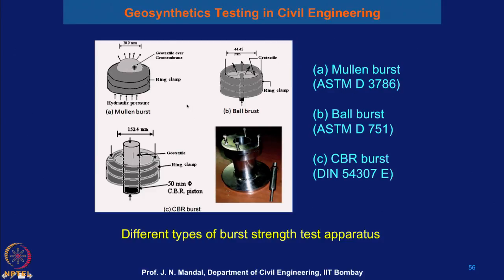This is the Mullen burst strength as per ASTM D 3786, that is this one, the Mullen burst test, and this is the ball burst which is as per ASTM D 751, and this is the CBR burst strength which we have developed in our laboratory, and CBR burst is as per DIN 54307E. So, these are different types of burst strength test apparatus.